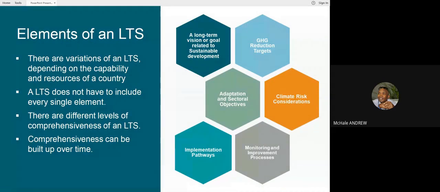Hi, I would have liked to have parked my question, but I think it would perhaps determine the thrust of the way forward. Let me just say quickly that I am totally supportive of the process of the LTS and NDCs. And I want to underscore the fact that it's a process that reflects a commitment on the part of the countries, particularly the 17 countries that have submitted LTSs.